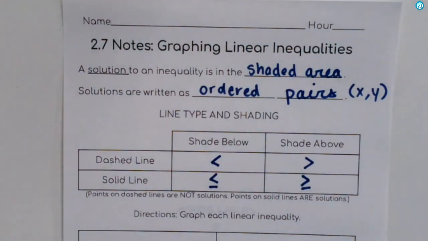Okay, so we've got our 4 inequality symbols. With those 4 symbols, how we can tell whether it is or equal to or not or equal to is whether it's dashed or solid.